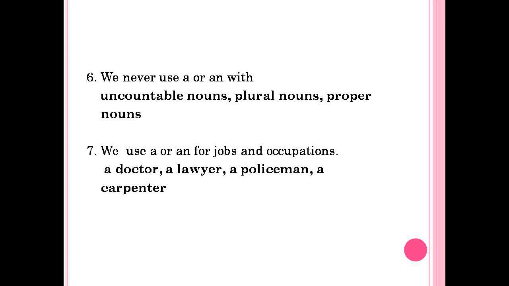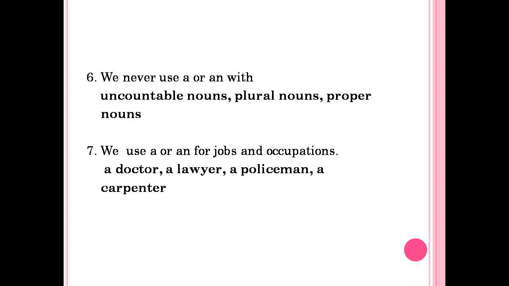Plural nouns, if they are more than one in number, we never use "a" or "an" before them. And proper nouns, names of a particular person or place, we don't use "a" or "an" before them because these are indefinite articles and these are not required before proper nouns.